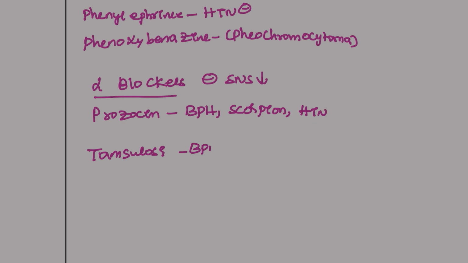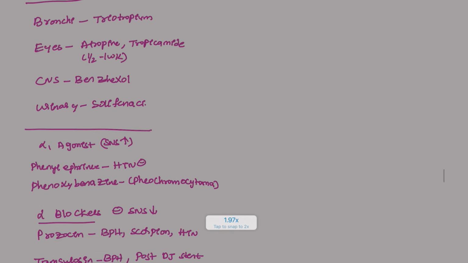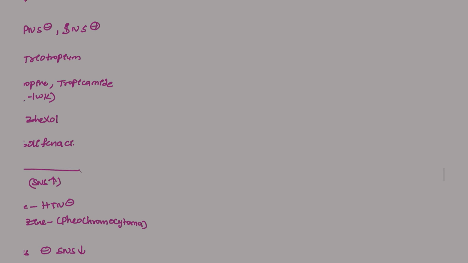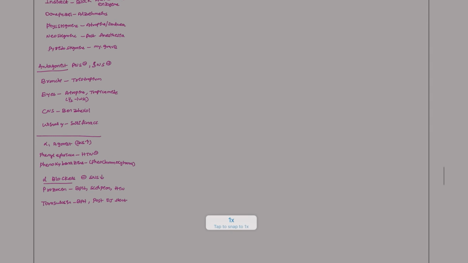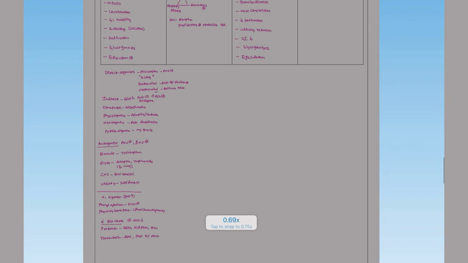This is used for the BPH and also post DJ stent patient also we can give this drug. This is the beta blockers, right? Next, the other drugs is commonly the beta blockers, the classification of the beta blockers, and all these drugs can be important for the examination.